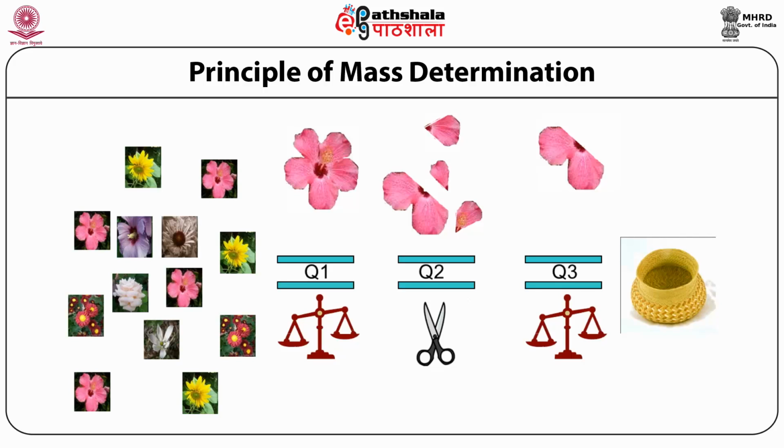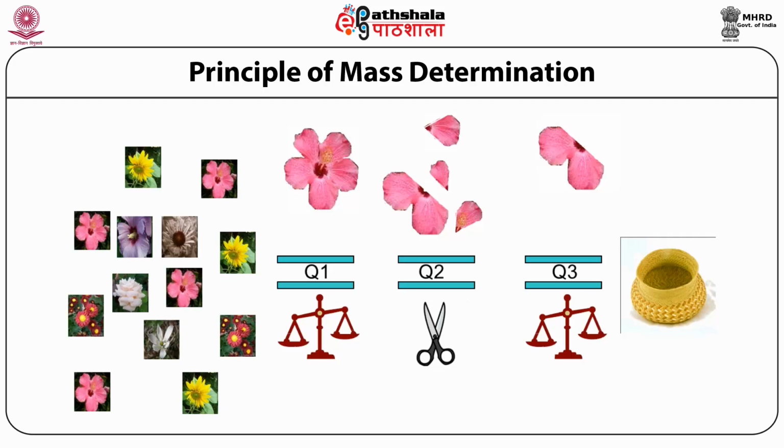As I told you, the triple quadrupole mass spectrometer contains three quadrupoles: quadrupole 1, quadrupole 2, quadrupole 3. Here quadrupole 1 isolates a molecule of a particular molecular weight. How is it possible?